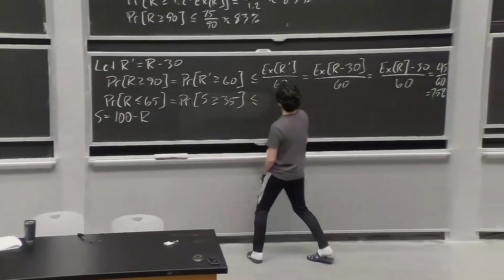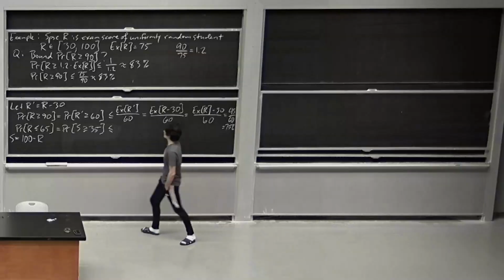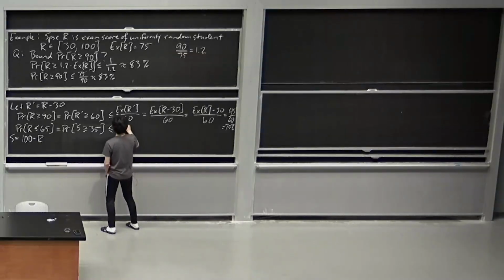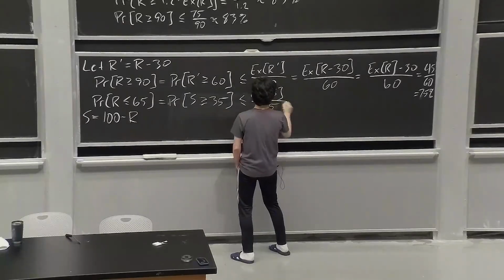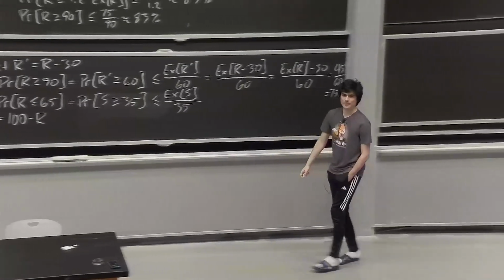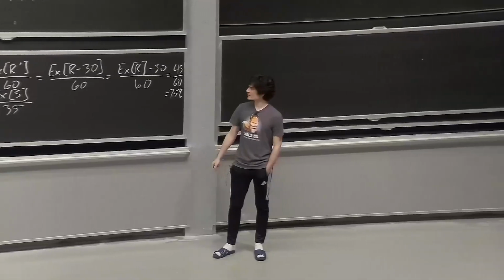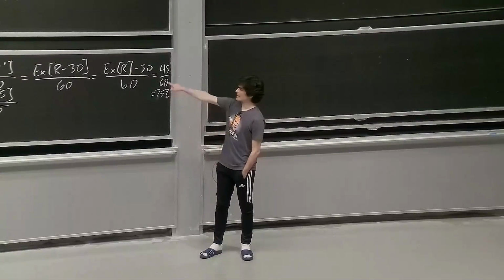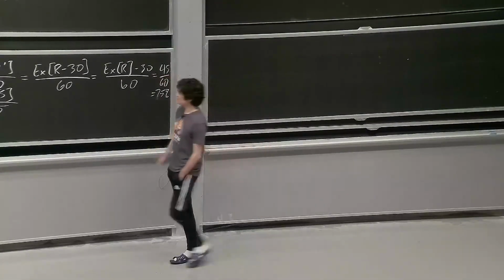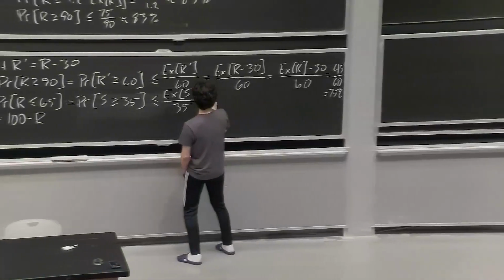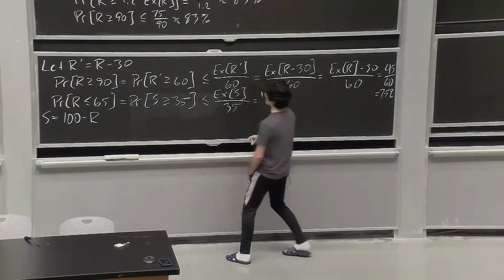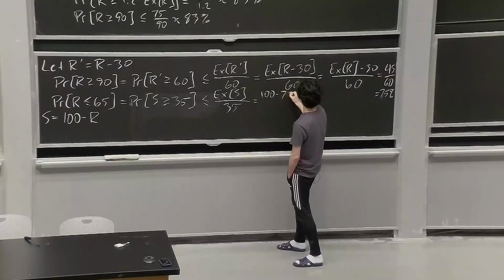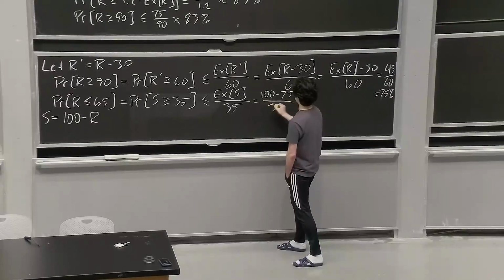Well, what does Markov say? It's at most the expectation of S divided by 35. What is the expectation of S? Well, using linearity in the same way that we did a moment ago, this is going to be equal to 100 minus the expectation of R, which is 75, over 35.